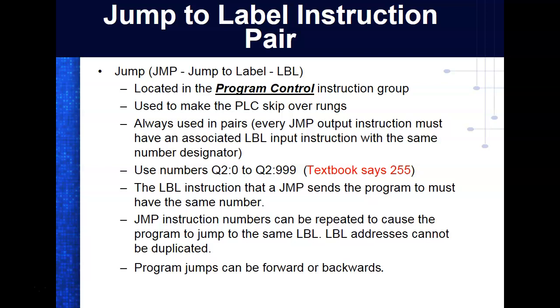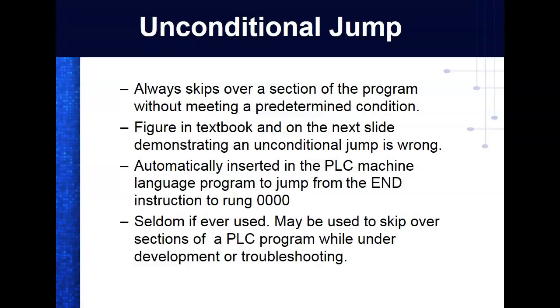That's already been stated. Unconditional always skips over sections of a program without meeting a predetermined condition. The figure in the textbook and on the next slide demonstrating an unconditional jump is wrong. The PLC automatically inserts in its machine language the jump from the end. So the end instruction, we've been using a jump instruction all the time.